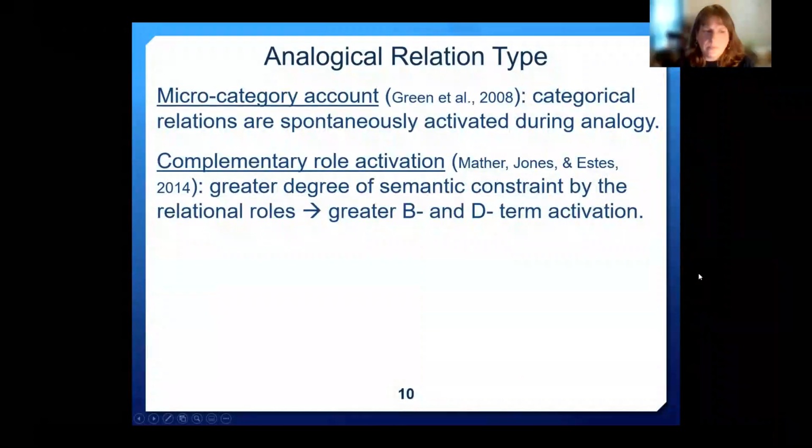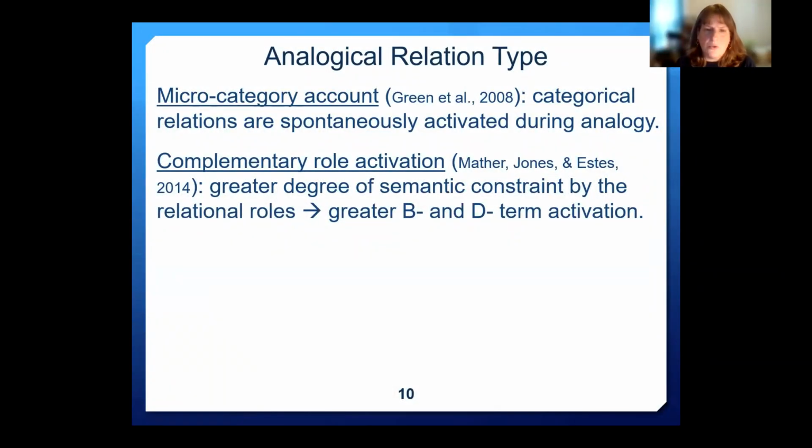And those roles constrain the second term, in this case, the B or the D term, and the likelihood of activation. So if you see Robin, it's more constraining once you realize what the relation is. It's more constraining that it's likely to have the category as that second term.